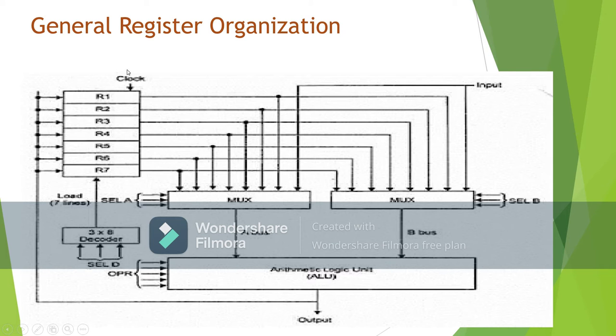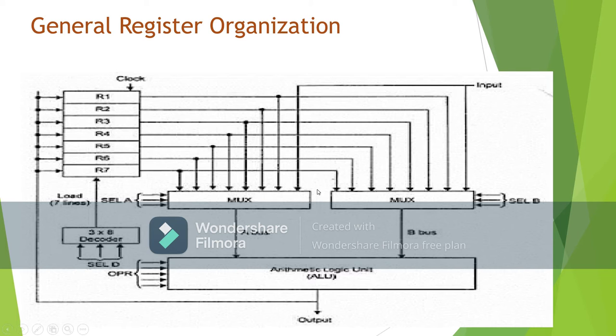Now to select among these 7 registers, we have two multiplexers. Both are 8:1 multiplexers, so they can select from these 7 registers, and from those registers we can take our operands. In most of the arithmetic or logical operations we need 2 operands.